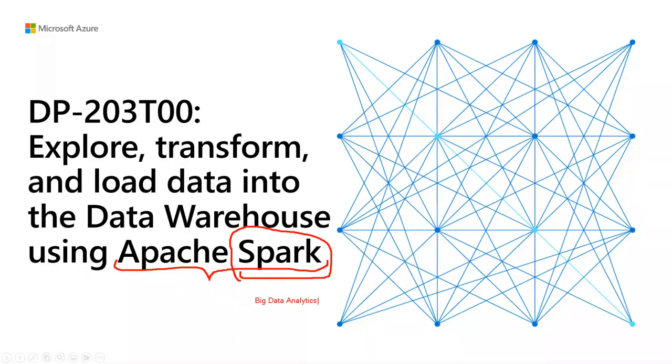As for me, it happened to me too. So it's always good to remind you, and I'm trying to give you some little tips to focus on some mnemonic things. So again, when you see Apache Spark, then think about big data analytics.